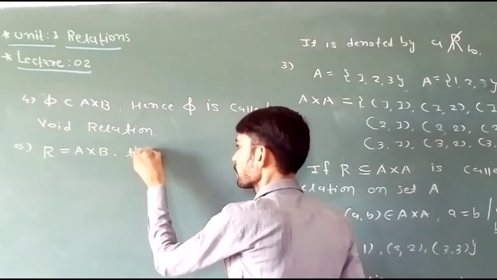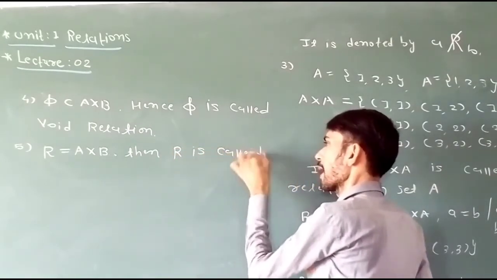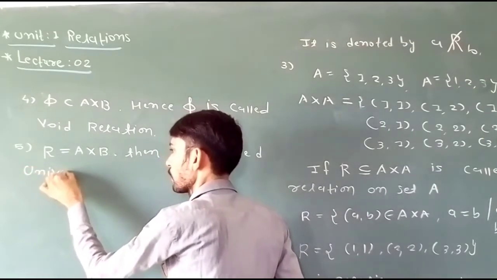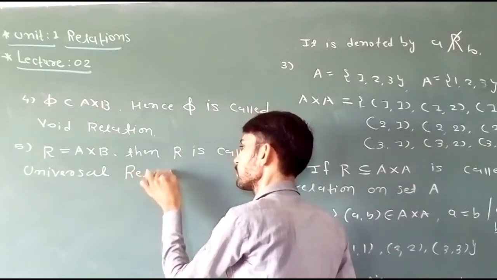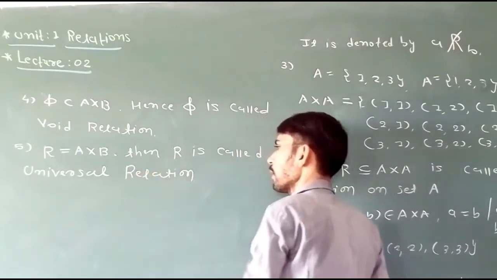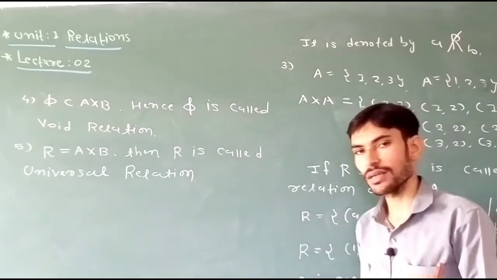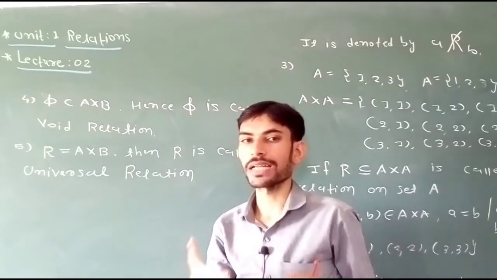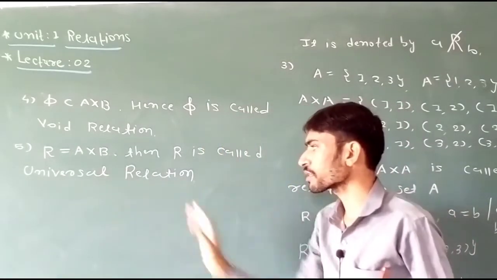Then R is called the universal relation. So keep in your mind these two relations. Phi is called the void relation, and Cartesian product A cross B, a subset of itself, is a relation called the universal relation.